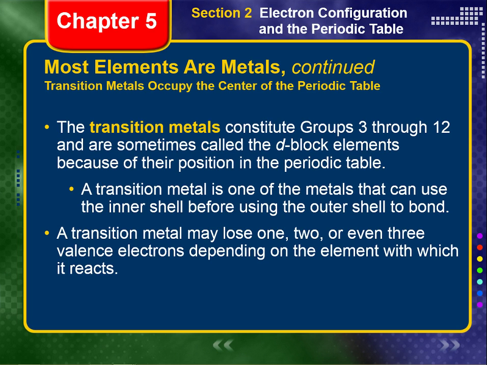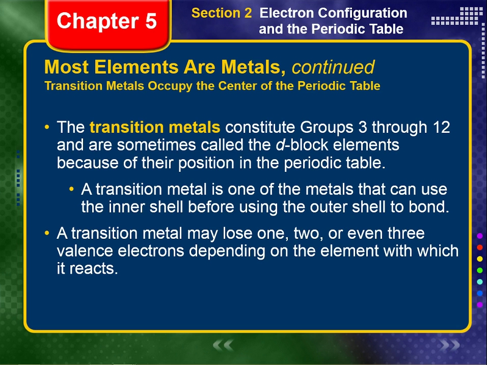A transition metal is one of the metals that can use the inner shell before using the outer shell to bond, meaning when we typically say that it is the valence electrons that bond with other atoms, the transition metals actually have the capacity to use their inner shell electrons, the D level electrons, to form more bonds, right? And so they're a little bit unique in that sense.